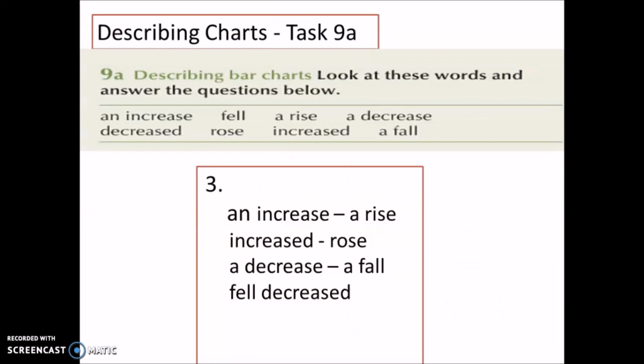These are the synonyms, as you can see. These are synonyms like this because these are both nouns and they go up, both verbs and they go up, both are nouns and they go down, and these are verbs and they go down. Okay. You will see these in descriptions of charts.